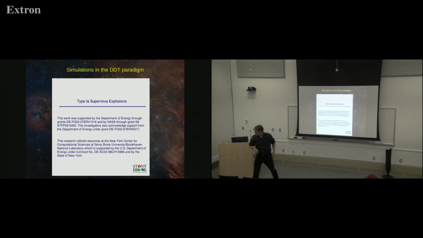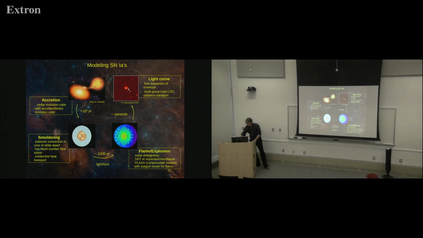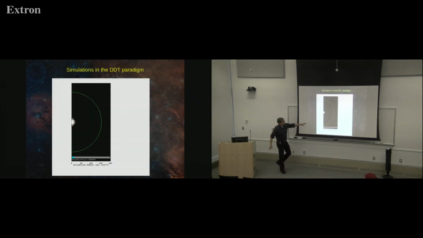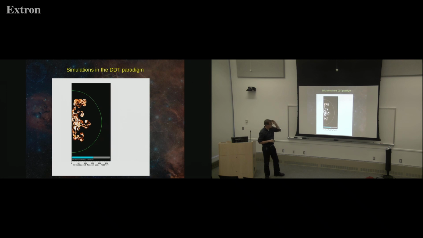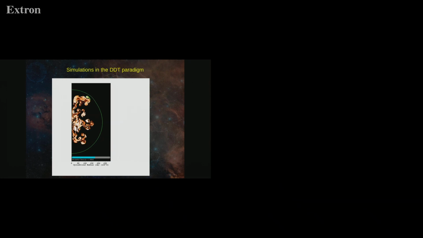And actually, if we go back over this one more time, one of the things that makes this problem hard, right here, you're not resolving very much of the star because there's only a tiny bit of the flame. But as it burns more and more of it, you go from only needing to resolve about 20% of your domain to resolving almost all of it as best you can. So the overall memory footprint goes through like 2 orders of magnitude during the simulation.